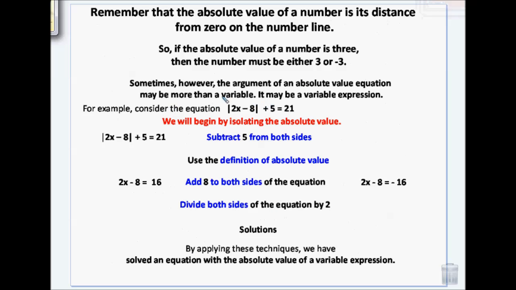X is not by itself inside the absolute value. Okay, so when that happens, we need to get the absolute value, so this portion by itself, we want to isolate it. Okay, so I'm going to subtract 5 from both sides to get the absolute value alone.